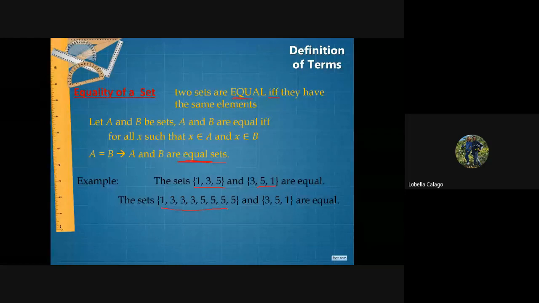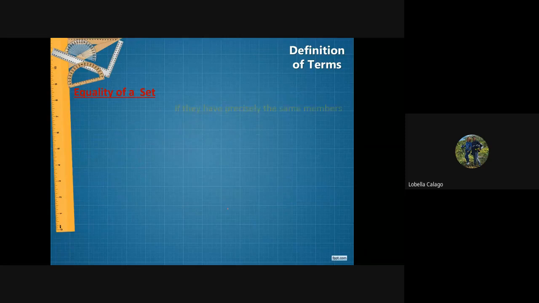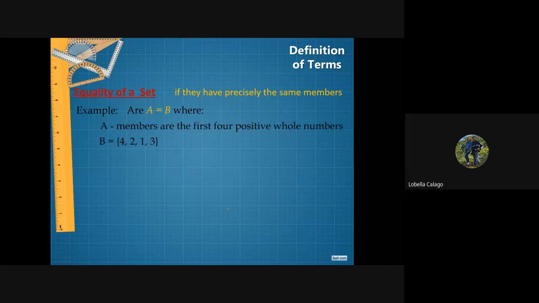It says that sets A and B are equal if yung element sa A ay nasa B din. So, equal ang kanilang set. Okay? So, if they have precisely the same members, for example, are A and B equal where A's members are the first four positive whole numbers, while B is equal to 4, 2, 1, 3? Okay, so we will analyze.